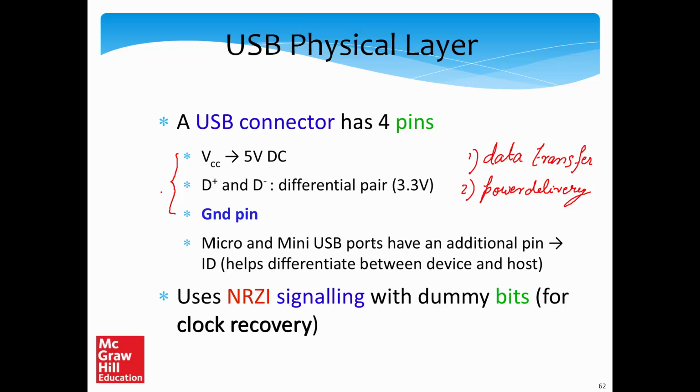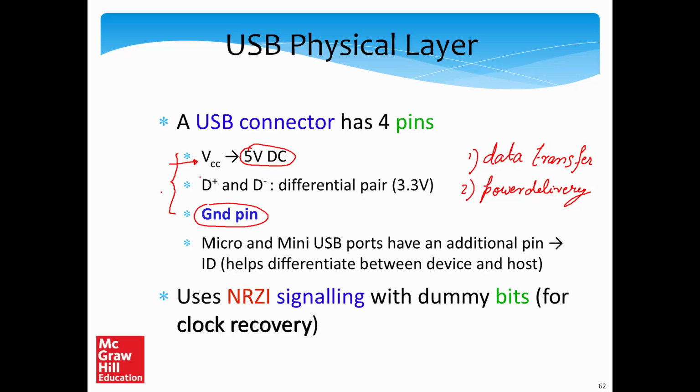In this way, the device can run. In addition, there are some other benefits. For example, you can charge your phone with a laptop. That was not the original intent though. That's the reason we have a VCC pin, which is a supply pin that provides 5 volt DC power, and we have a ground pin.